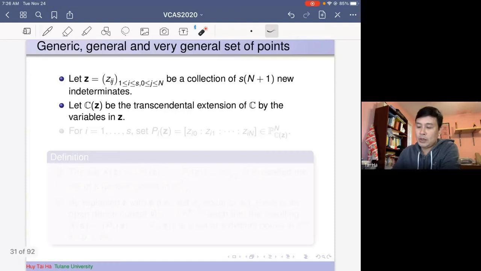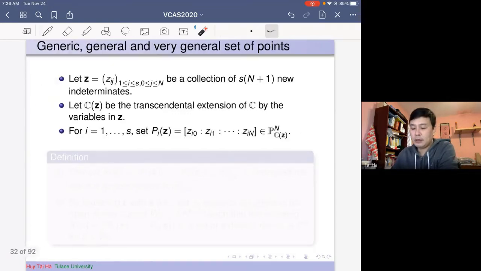Then we can look at the points, which I denote by Pi(Z), whose coordinates are just these new indeterminates. So the ith point is (Zi0, ..., Zin), and this is a point inside the n-dimensional projective space over this extended field.